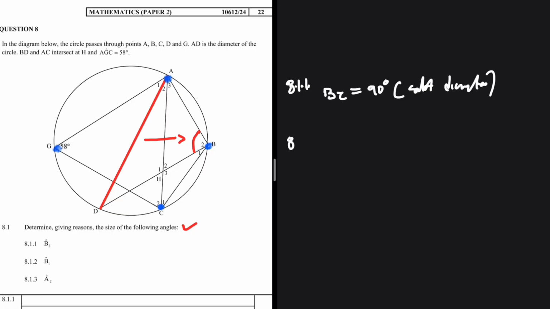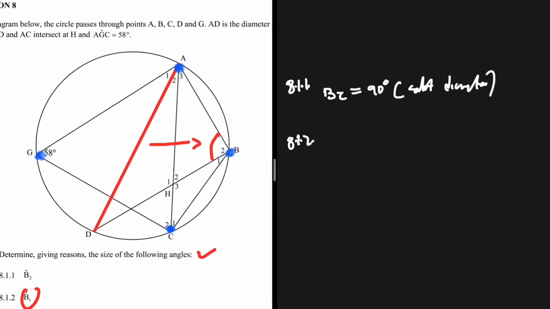And then 8.1.2, on the other hand, we want to find the size of angle B1. So we have B2 right there, and then here's angle B1. You should realize fairly quickly that angle G, which is 58 degrees, when we add it to B2 and B1, should give us 180 degrees.